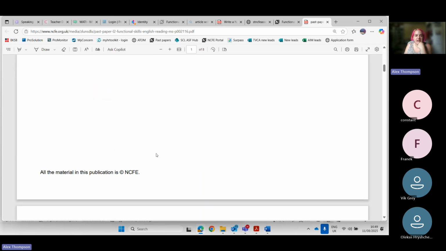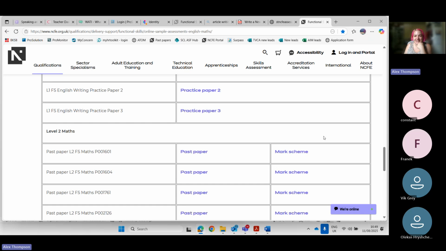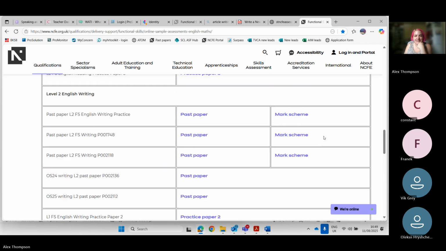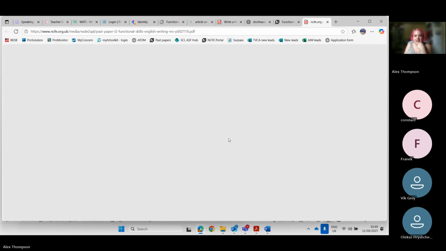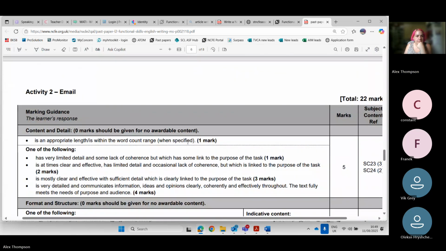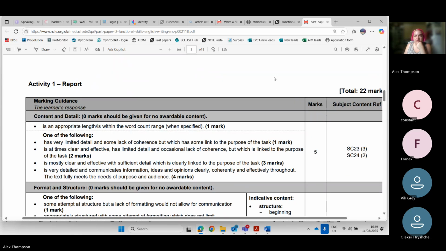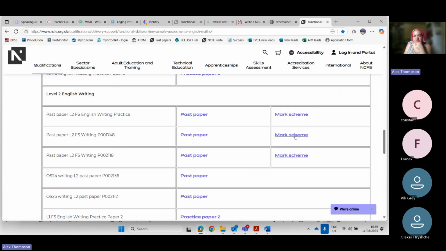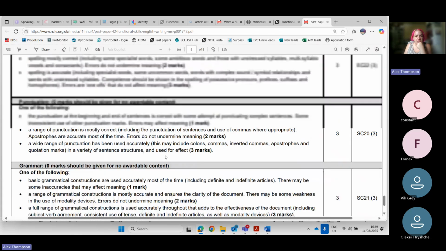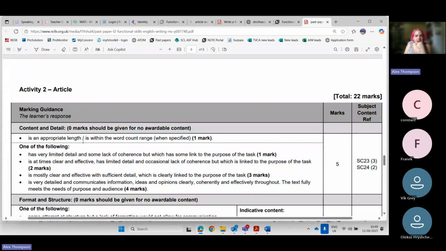Let's just have a check. Oh, that's a reading exam. That's not going to help matters. Writing. Let's find one that's an article. That's an email. It's the report, so it's not the third one. The second one is article. Here we go.